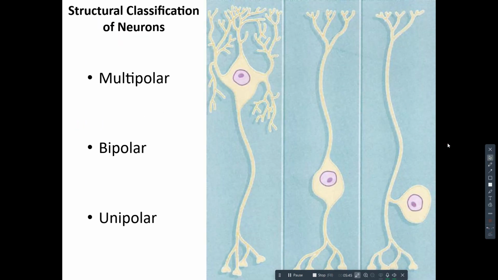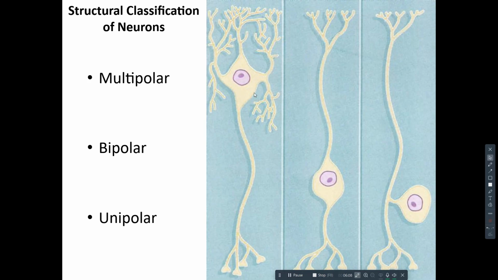Now that we've got the basic anatomy of a neuron in terms of its soma, its dendrites, its axons, and its synapses, let's look at the 3 different kinds of neurons. There are 3 different structural classifications of neurons. There are multipolar neurons.